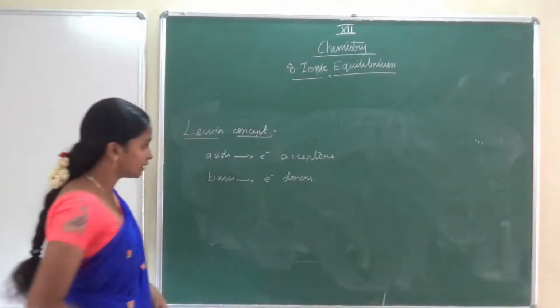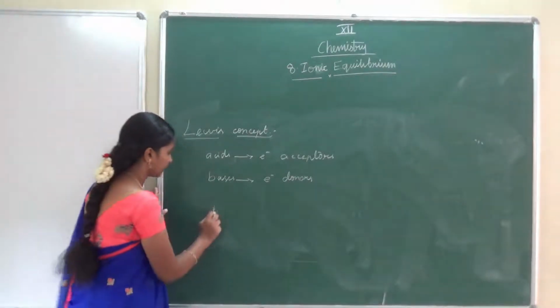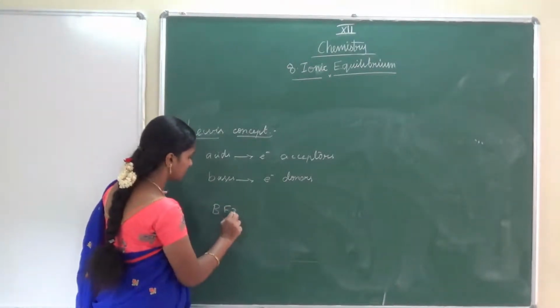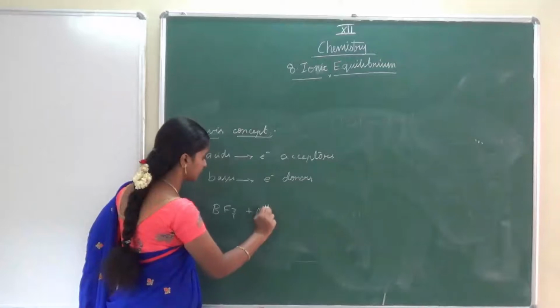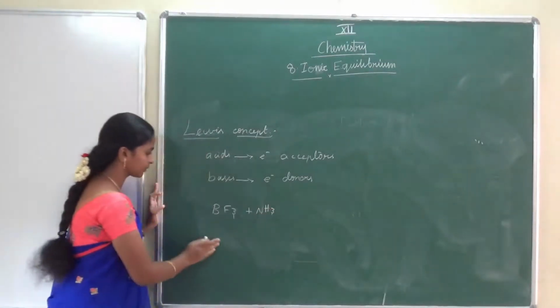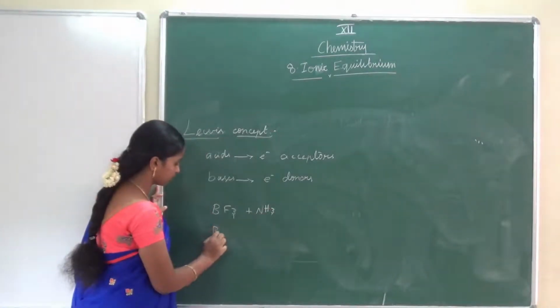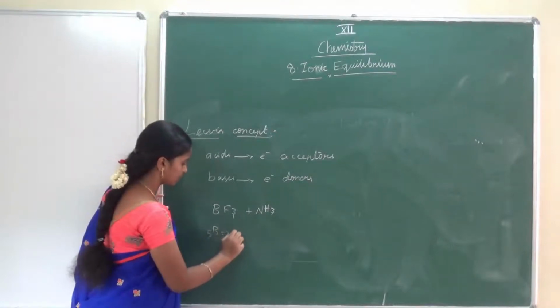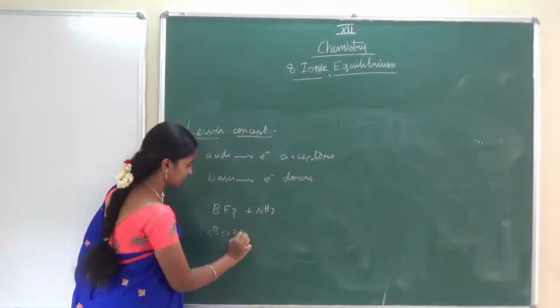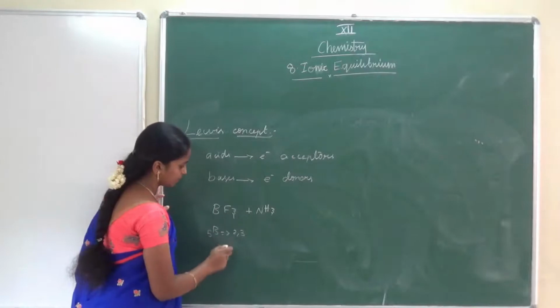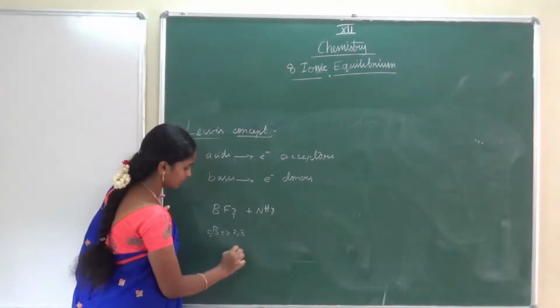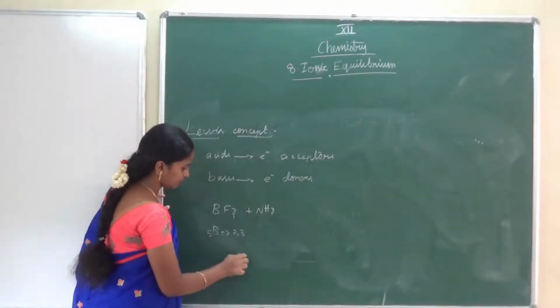So here, BF3 plus NH3. If you notice, boron has atomic number 5, so 2,3. Boron has only 3 valence electrons in its outermost shell.